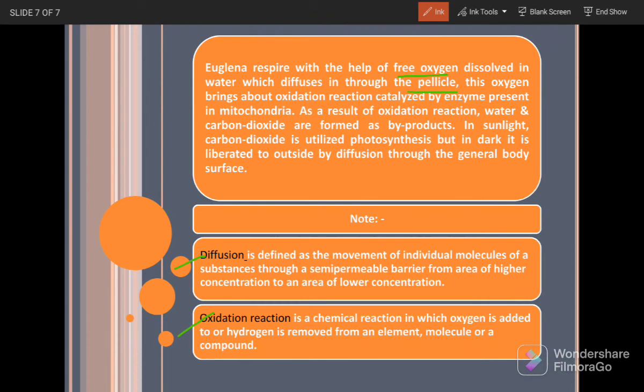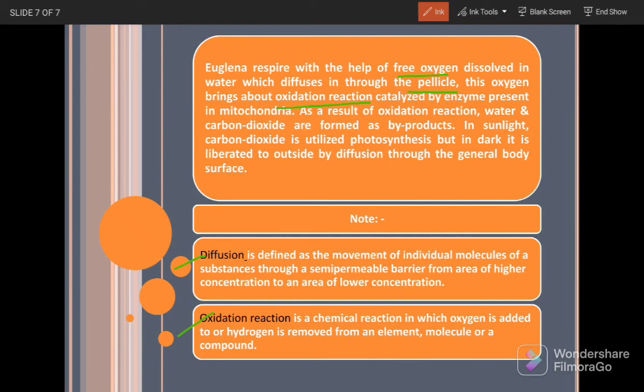Now this oxygen brings about an oxidation reaction. Oxidation reaction means adding oxygen to a molecule, or you can say removal of hydrogen, and that oxidation reaction is catalyzed by enzymes present in mitochondria.